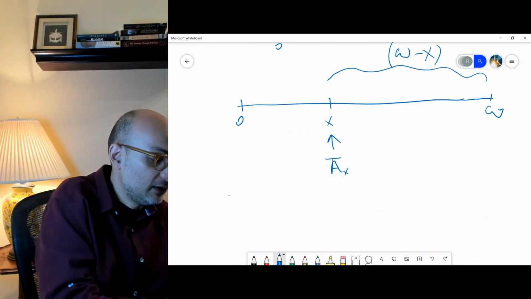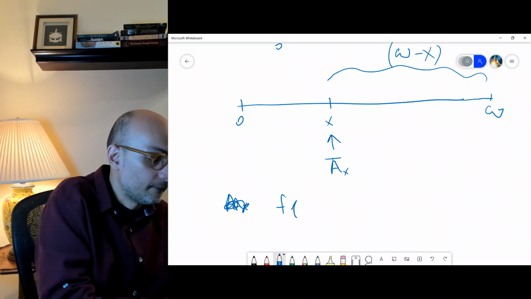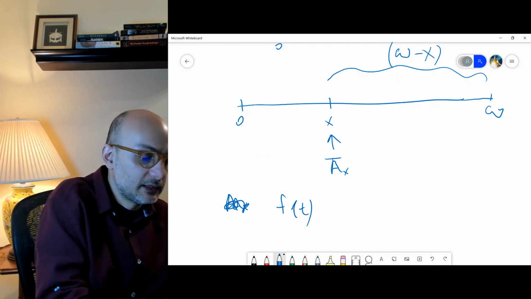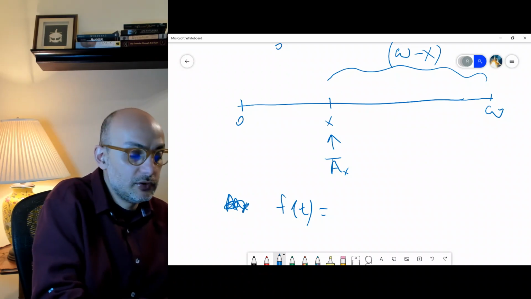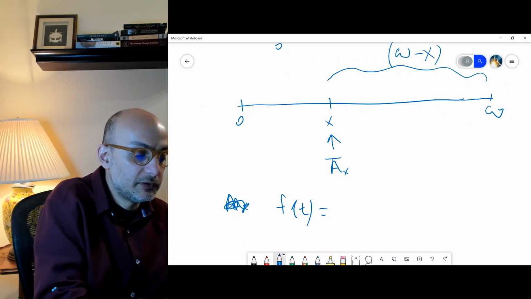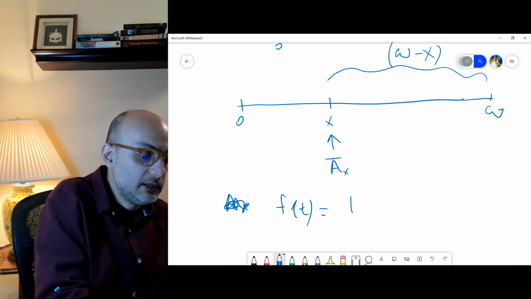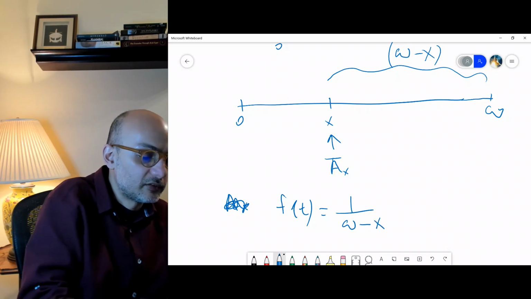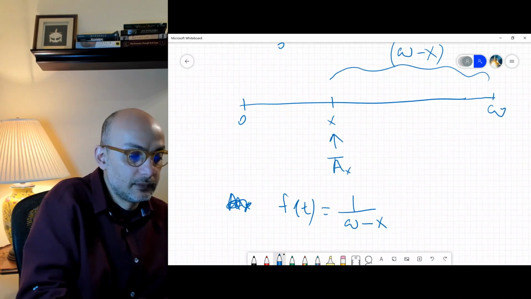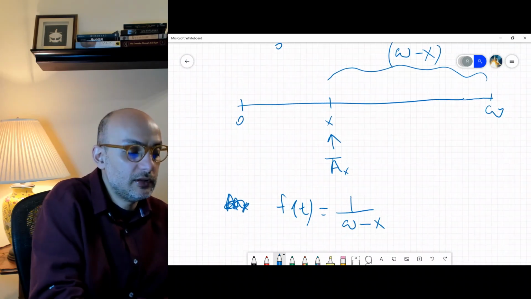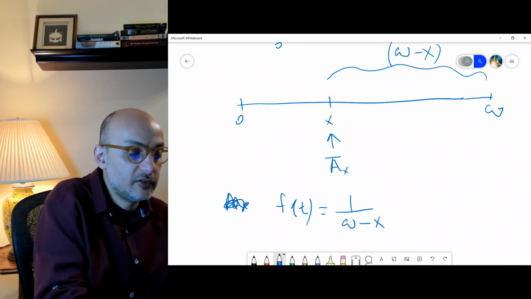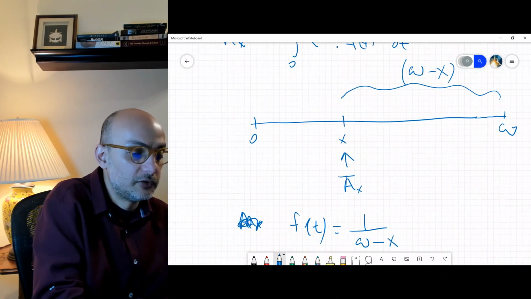So as I mentioned, f of t, the remaining lifetime here, is uniformly distributed, with density 1 over omega minus x. If you recall what we did last time, because it's uniformly distributed and we are here, the rest is uniformly distributed.